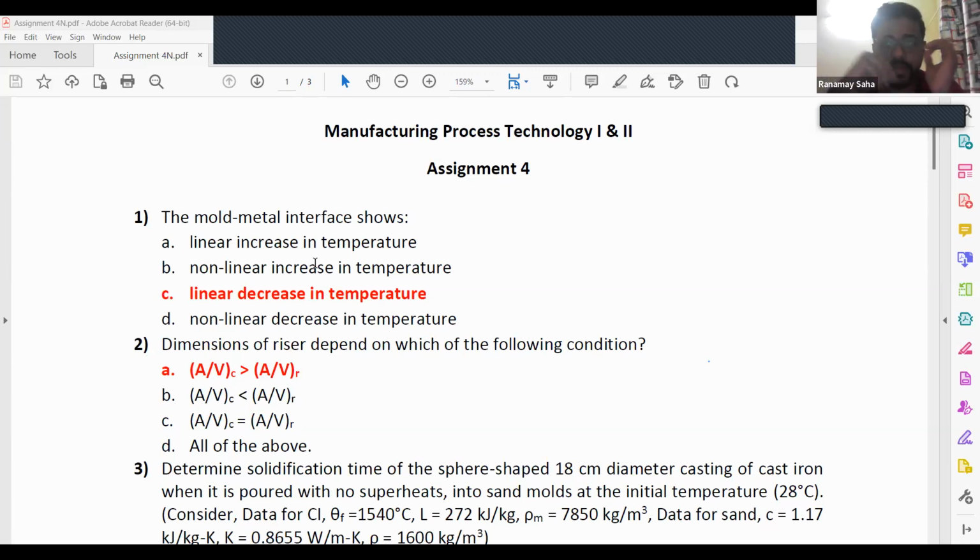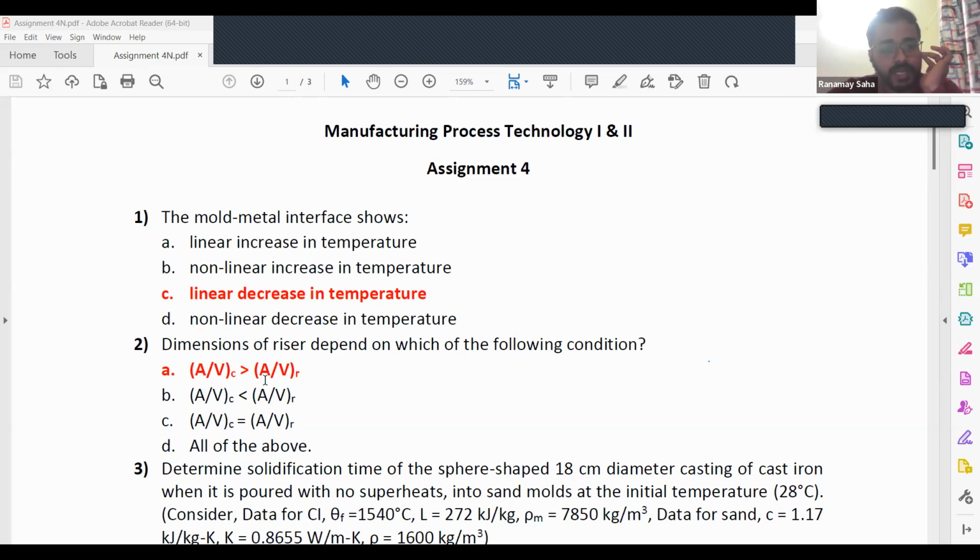Do you know the thermodynamics first law? So it says the interface temperature. It didn't ask you the mold wall temperature. If it had asked the mold wall temperature, then you could have said that there is an increase in temperature. So the interface temperature reduces to an equilibrium temperature, right?